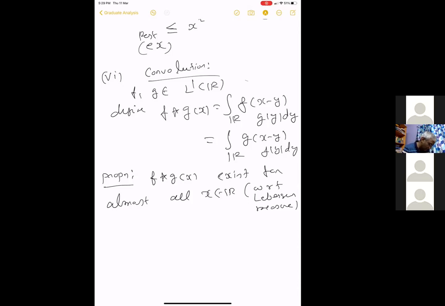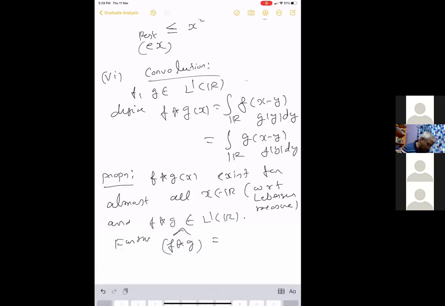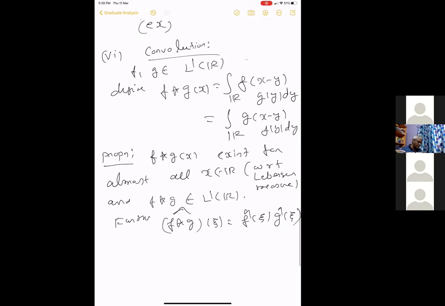And f star g is in L1 of R. Further, the Fourier transform of f star g at ξ is equal to f hat of ξ times g hat of ξ. It becomes an ordinary product. If you take the Fourier transform of the convolution product, this is the ordinary product of the Fourier transforms. So this is the proposition.